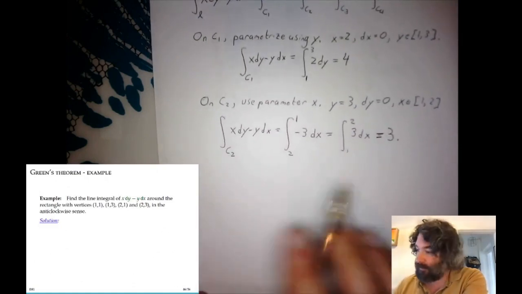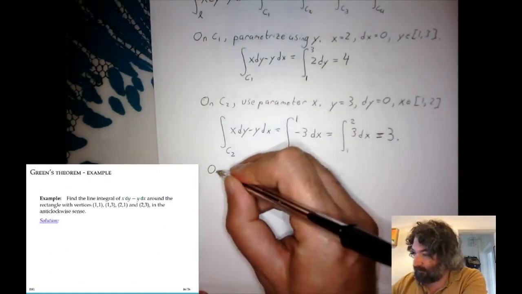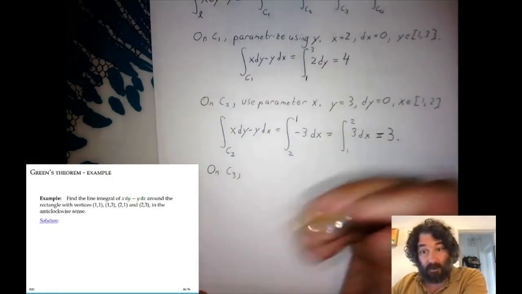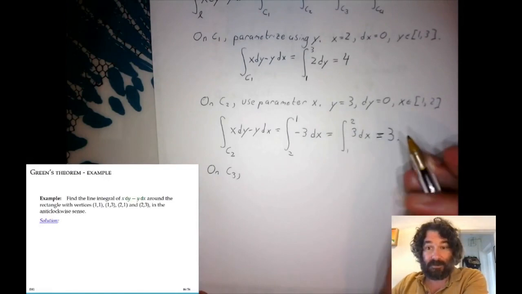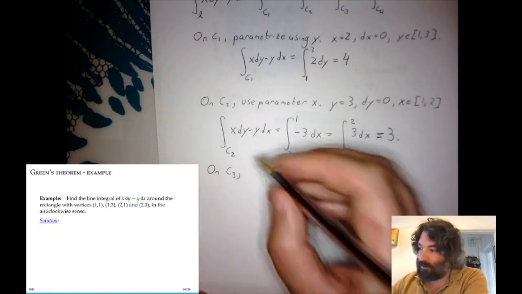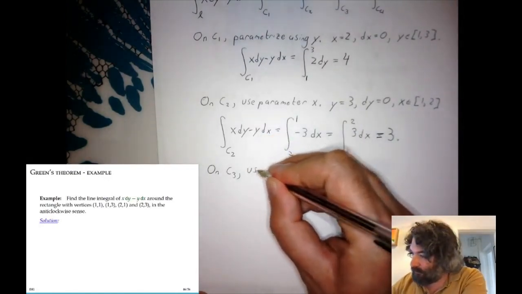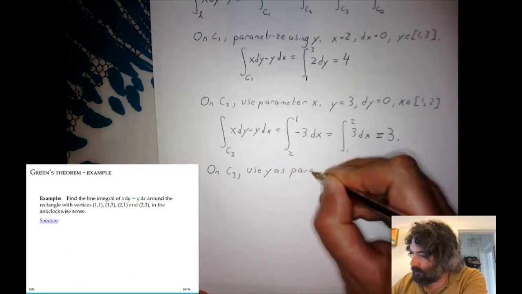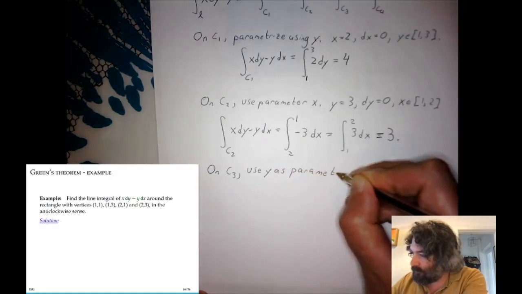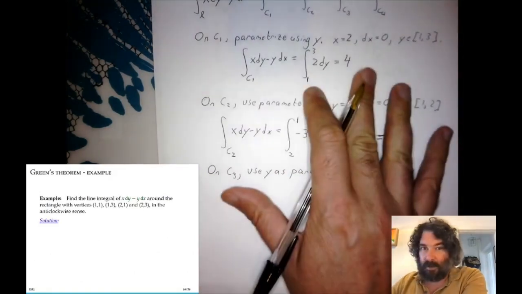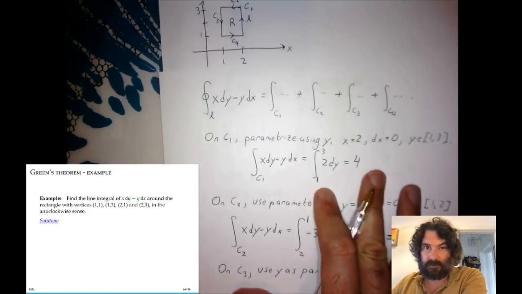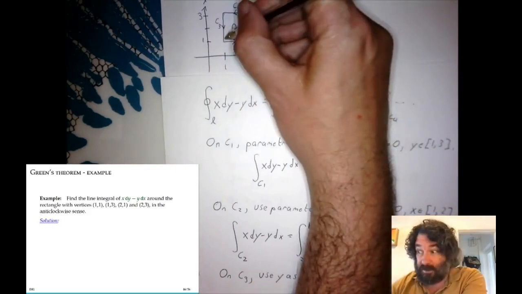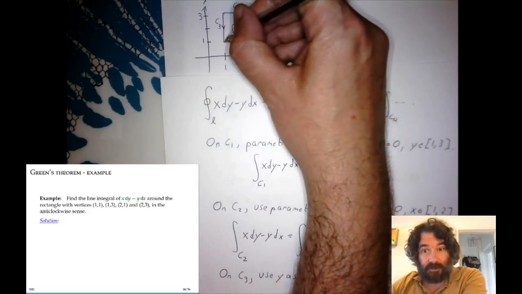Now let's do C3. And on C3, we once again use y as a parameter. We can't use x as a parameter. And so C3 goes from y equal 3 to y equal 1.